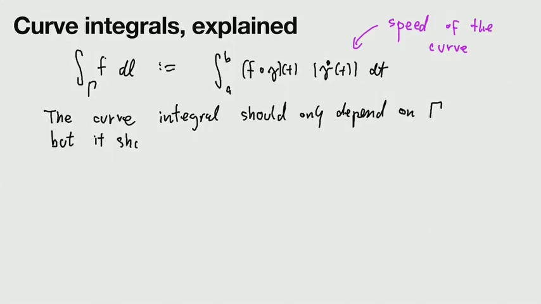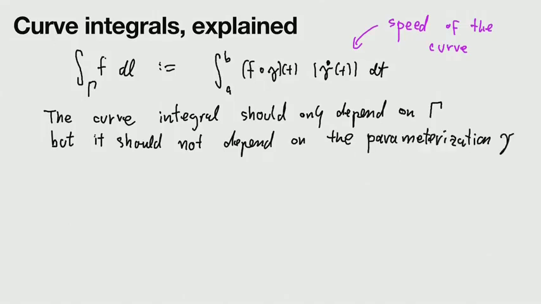It should not depend on the specific parameterization gamma. The parameterization is only a mathematical tool. What we're interested in is this curve big gamma. It will take some time to get used to that, but I hope the following is helpful.